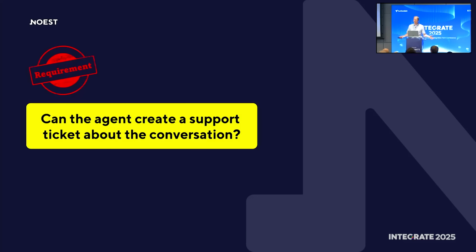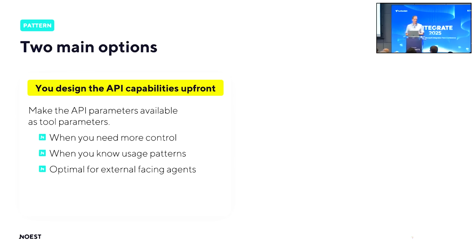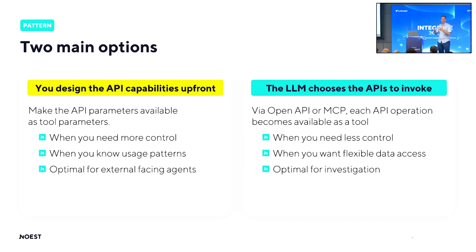Another question: can we create a support ticket about the conversation? Of course you can, and that's another pattern that we often see. You need to consume APIs. It can be employee data, customer details, sales pipeline that you need to consume. Again, for APIs, you have two options. Either you design your API calls with constraints that you want the LLM to execute and provide parameters to, a little bit similar to the SQL query, or you let the LLM just choose.